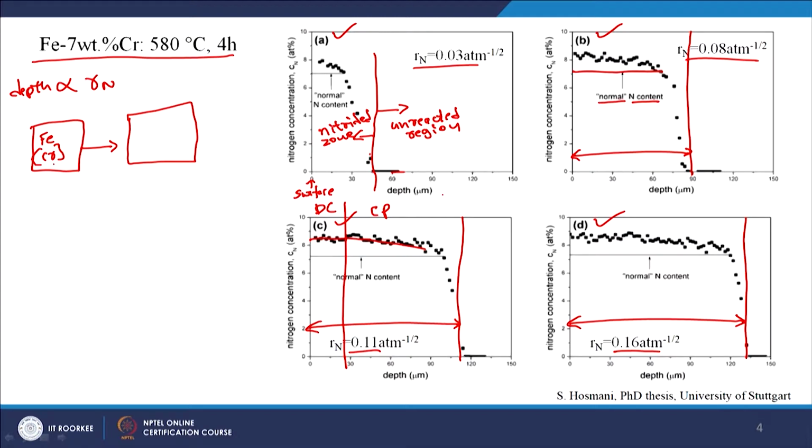So, in this case, for example chromium nitride CrN, suppose these are all now chromium nitride, and this CrN is embedded in the alpha iron, this is the ferritic matrix, that is the alpha iron.